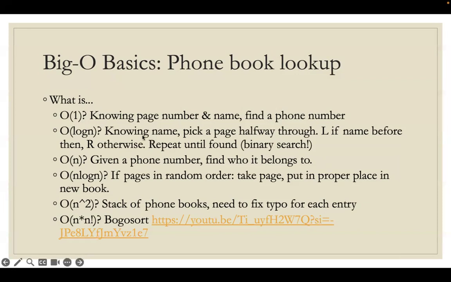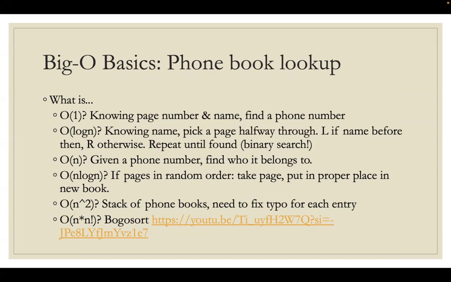A log n function is, let's say you know the name that you want to find the phone number for, and then you do binary search, which we talked about previously, where you start in the middle and ask, is this person before or after the middle? Let's say we start in the middle, those are the M's, and our person has an L last name.